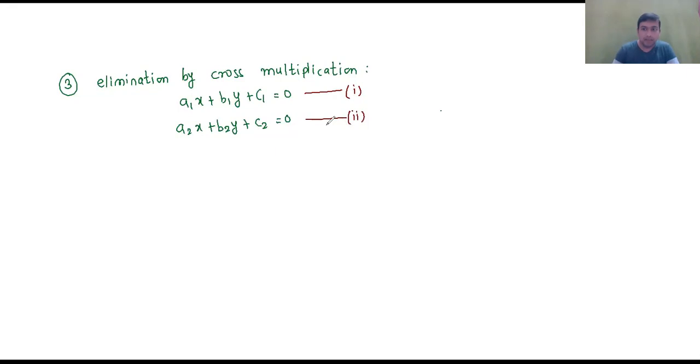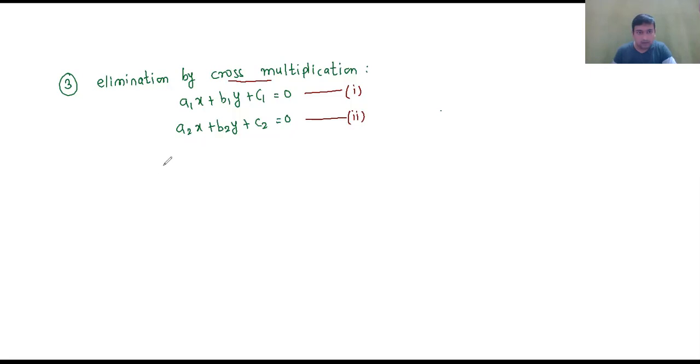Now, solving linear equations means you have to find out the values of x and y, right? Now, this is elimination by cross multiplication. Let us see how to cross multiply and how to find the values of x and y. Now see carefully.